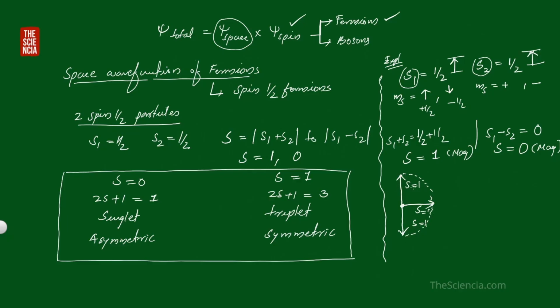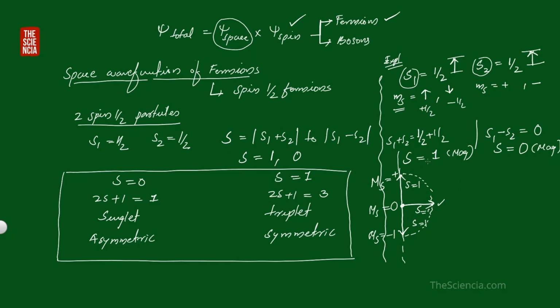The direction or orientation of each of these vectors is represented by the capital MS value. Before coupling we use the small ms; after coupling we use the capital values. Here capital MS is plus 1. Capital MS is the projection of the S vector on this axis. For this one the projection is 0, that is MS equal to 0, and here MS equal to minus 1.